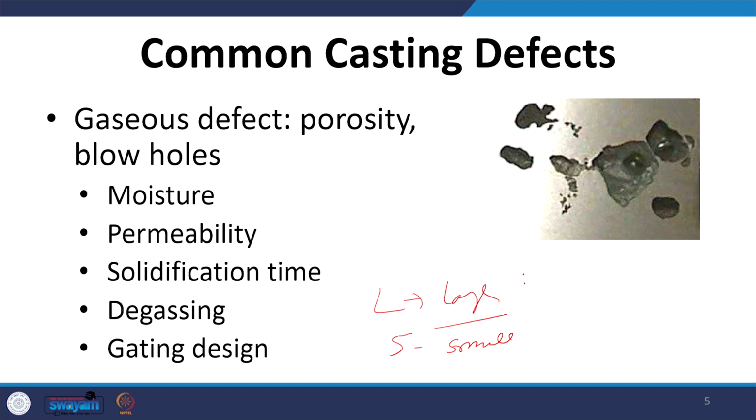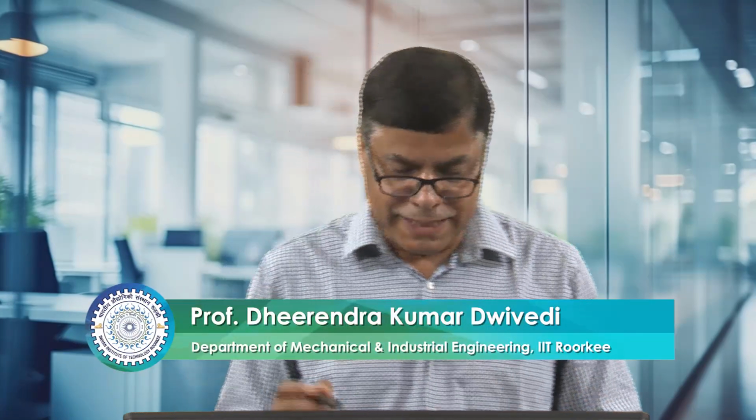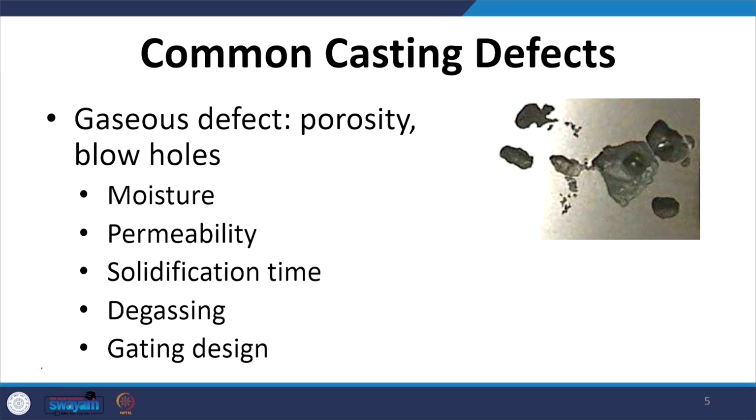If this difference is large, then this will be promoting the gaseous defects, because a large volume of gases will be released during solidification and these must escape, otherwise it will promote gaseous defects. So, the greater difference in the solubility of gases in a metal in liquid and solid state promotes the gaseous defects. Okay.